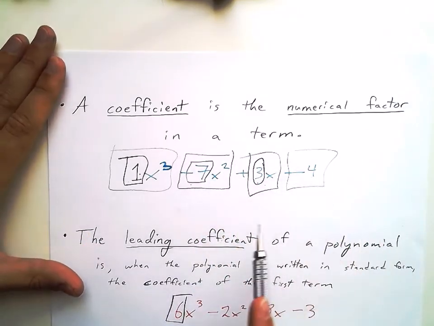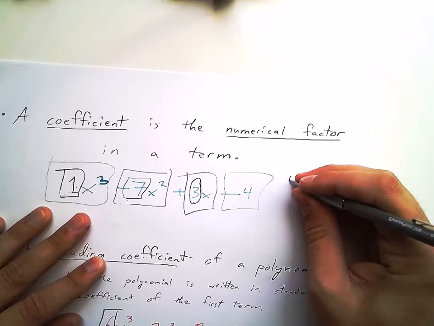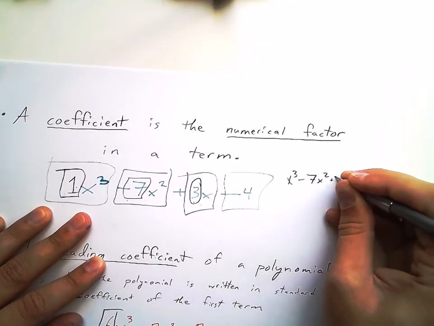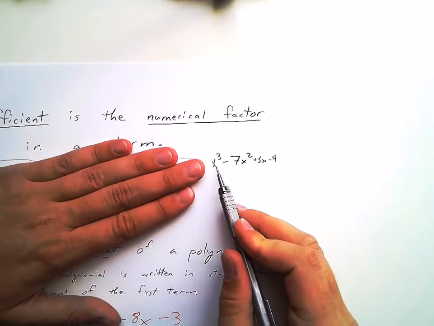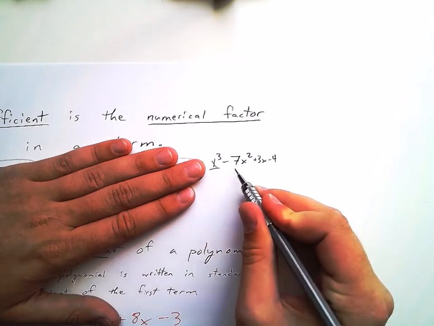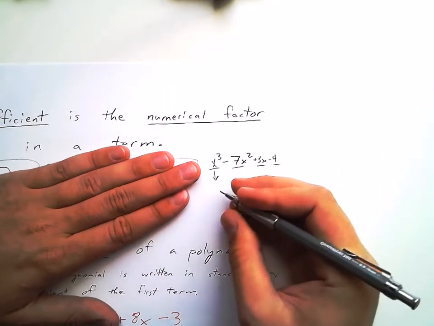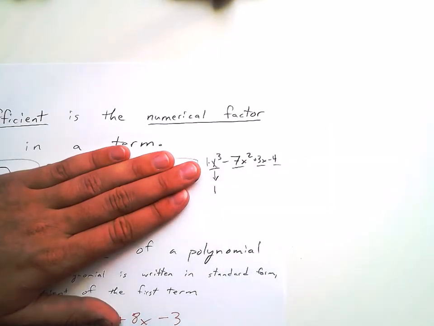Again, sorry I circled a bunch of stuff on here already, but a coefficient is the numerical factor in a term. So let me start over with this. X cubed minus 7x squared plus 3x minus 4. All right, so there's 4 terms. The coefficient on that term is a 1, because really that's 1x cubed.